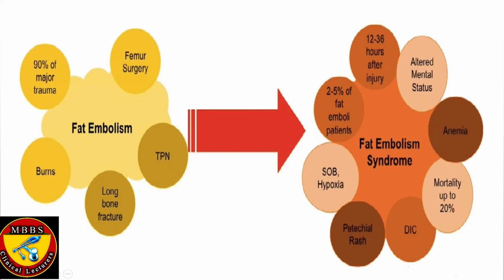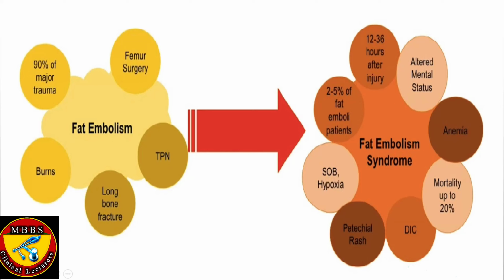Then the platelets also adhere to the fat globules. Many platelets aggregate towards the fat globules, leading to a decrease in the platelet count, called thrombocytopenia. So the patient can present with petechial, hemorrhagic rashes. Decreased platelets could lead to DIC.